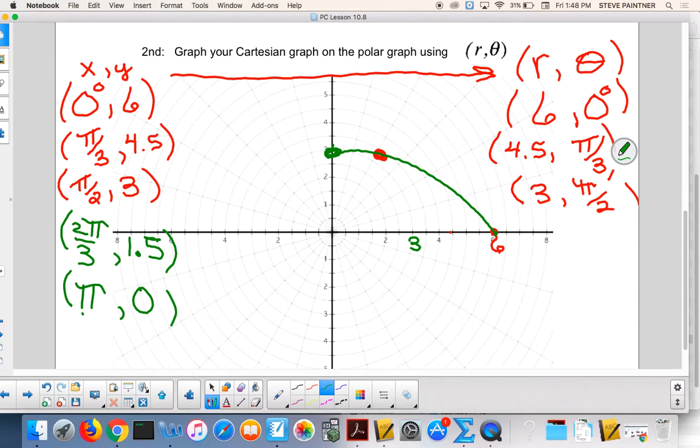So now I'll reverse these. 1.5 radius, rotated 2/3 pi. Okay, and then I'll do what? 0 for my radius, rotated pi. Where's 1.5, 2/3 pi? Over at 1.5. Rotated 120 degrees. Okay. Starting to head towards the pole, isn't it? The pole is the origin.